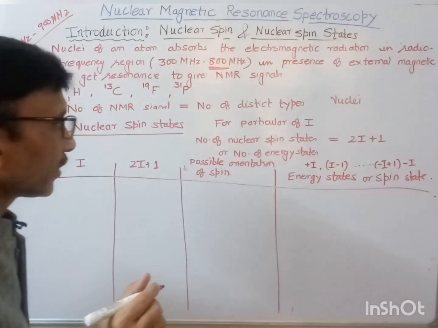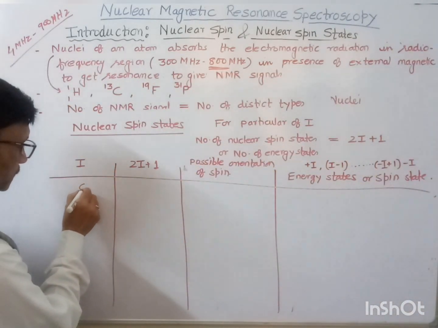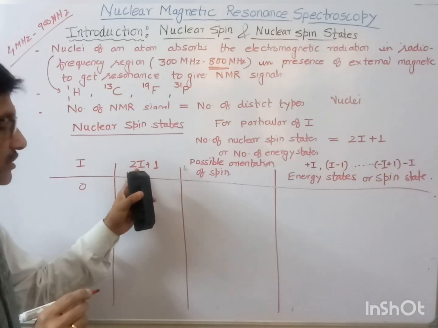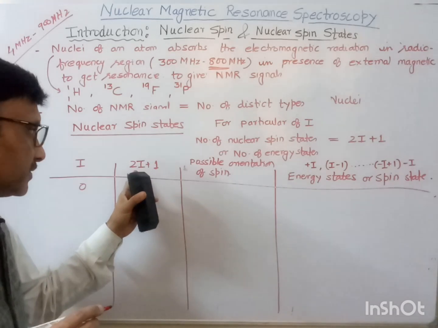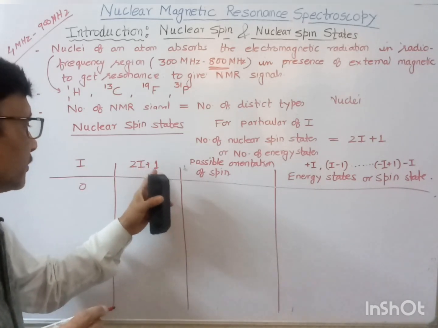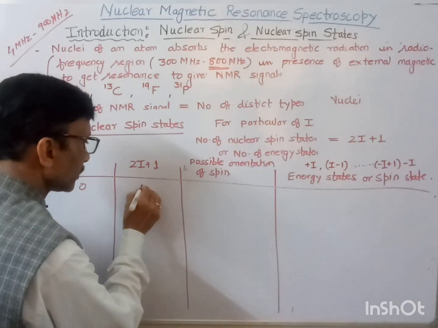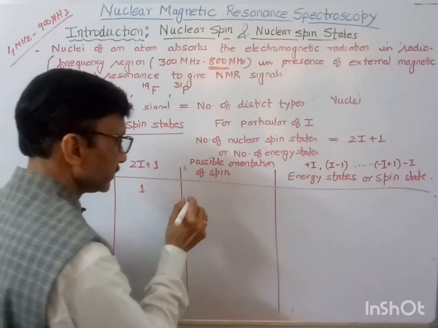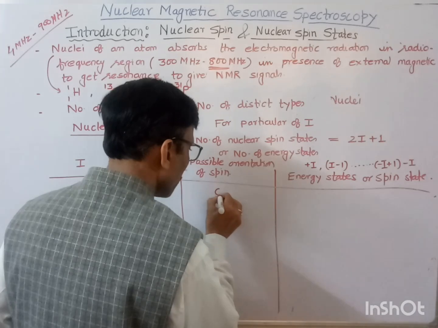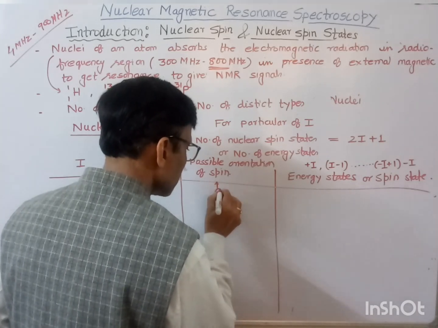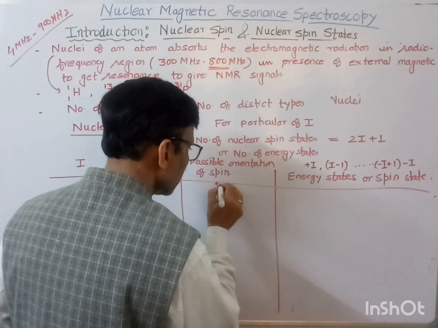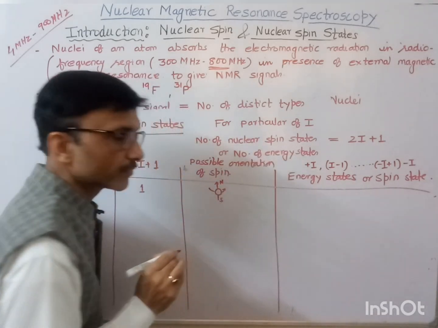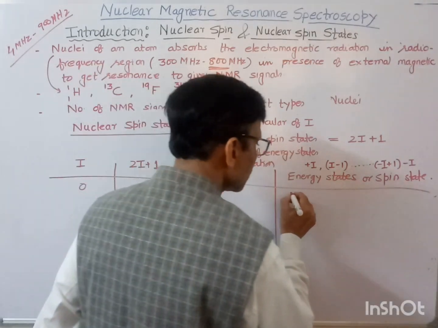Now suppose I is equal to 0. The 2I plus 1, also called the spin multiplicity, is equal to 1. The possible orientation in this case would be this, with north and south like this. This is the only possible orientation, and we may show the energy state like this.